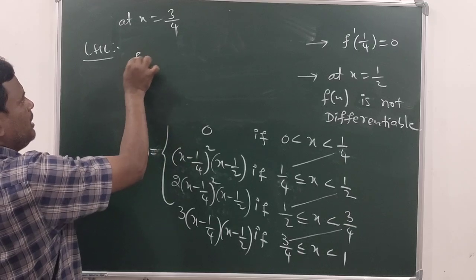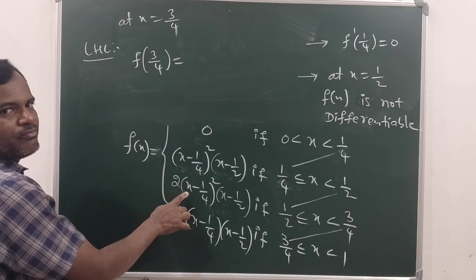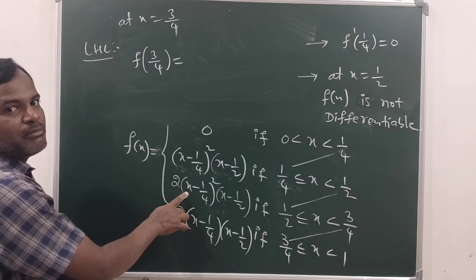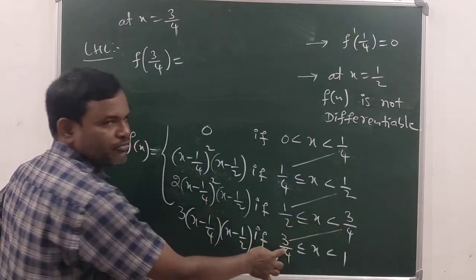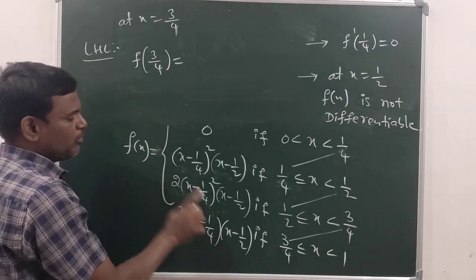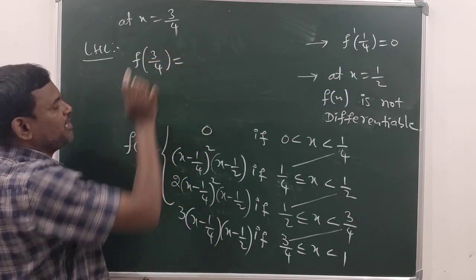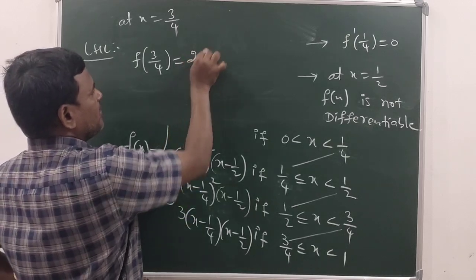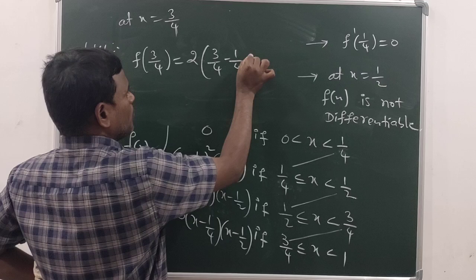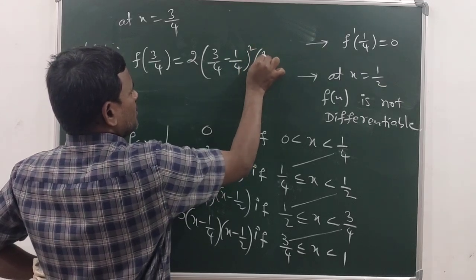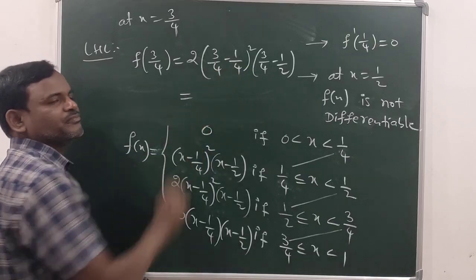What I am checking is the continuity of this function at x equal to 3 by 4. So 3 by 4 minus 1 by 4 whole square, into 3 by 4 minus 1 by 2. Now simplify this.